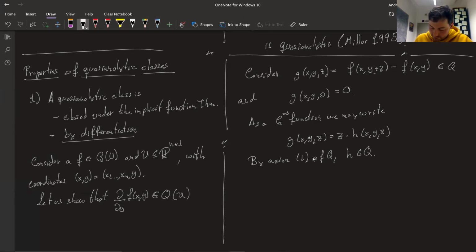And now we just have to note that the partial derivative with respect to y of f(x, y) is simply going to be given by h(x, y, 0), which belongs to Q. So we're going to get that it belongs to Q.